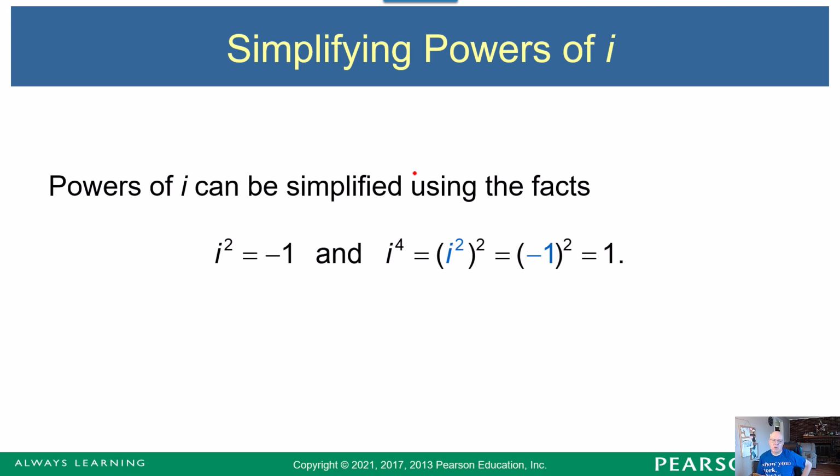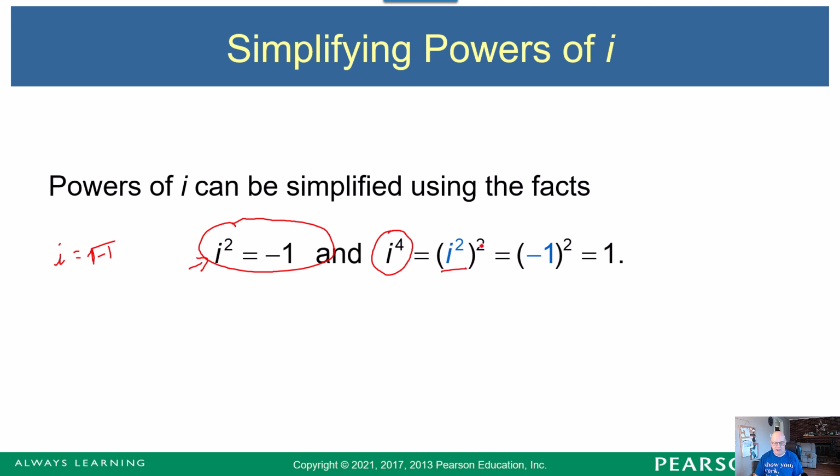Now we get to the fun part, I think, of i. One of those things I begged you to remember is i squared equals negative 1. The other thing was that i represents the square root of negative 1. Well, using this fact, that means if you've got i to the fourth power, that's i squared squared.